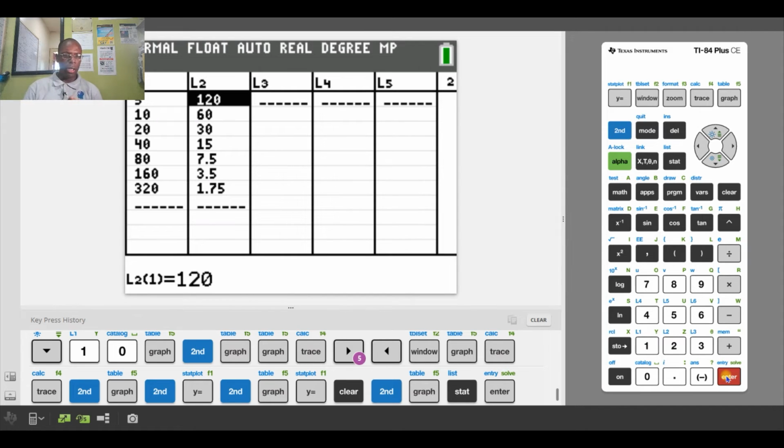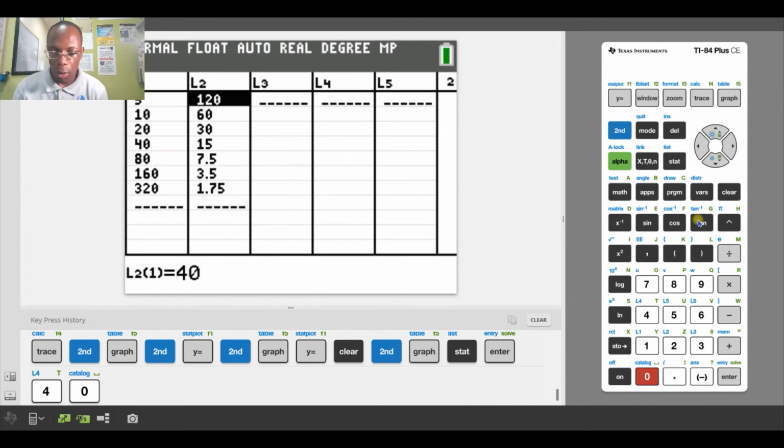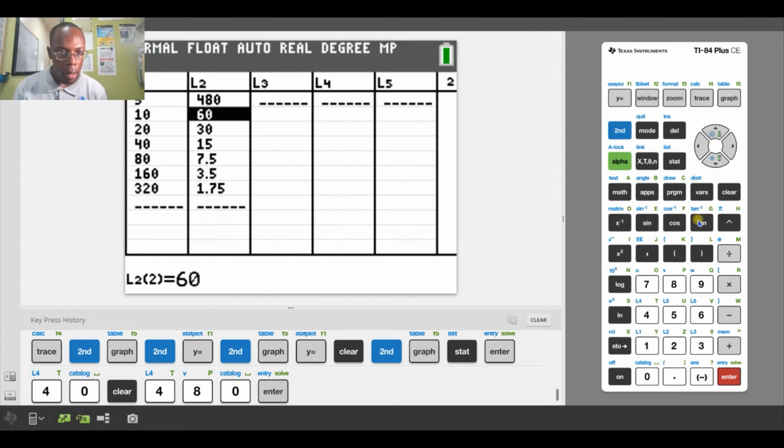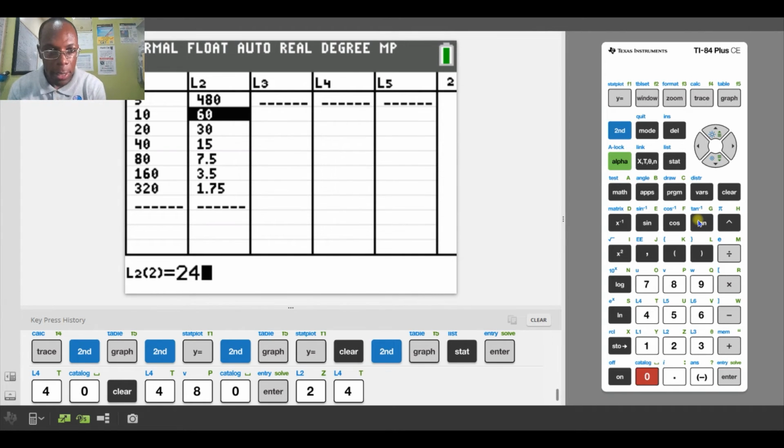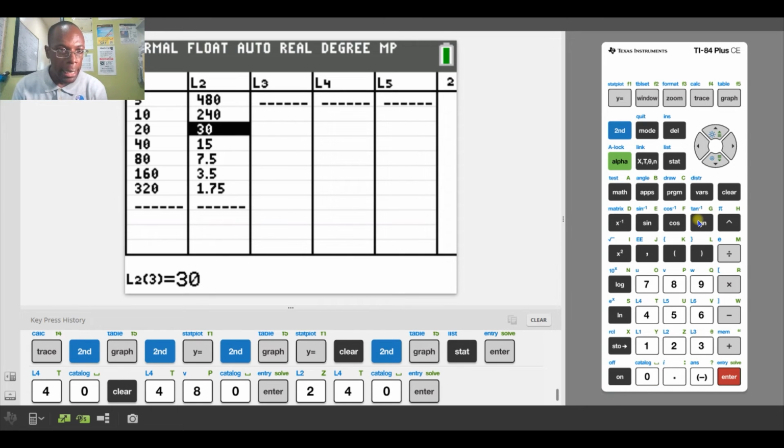Now, I've seen where the extra large cartridge will need about 480. So let's just update this information for the extra large cartridge right now. So it's 480 for the extra large. And then of course 10% coverage, you can expect to get 240. And you just continue doing the math like that.